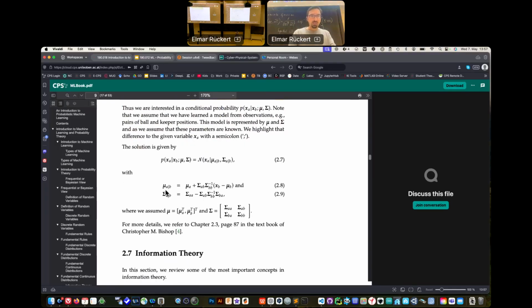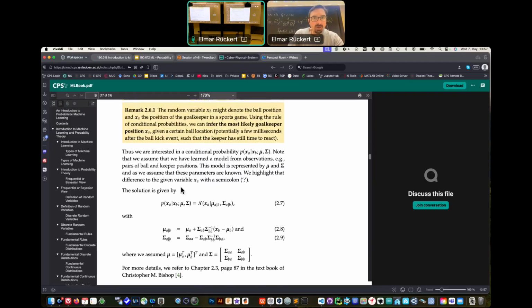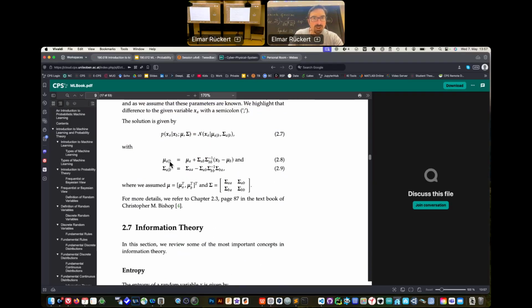And the result looks like that. You will compute a Gaussian distribution again with some mean mu of a given b and sigma of a given b. And in the end, that's the mean of a and the covariance of a corrected by a projection of b into the space of a. So that's the intuition. You see that here. See, mu of a given b is given by mu of a plus some correction.